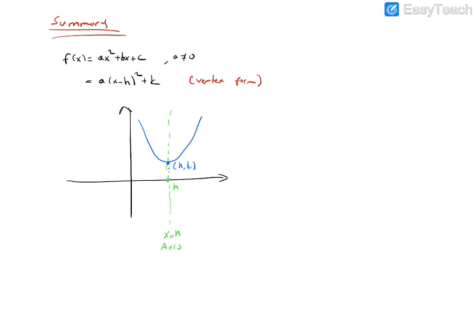This graph is valid for a bigger than 0. If a is less than 0, the graph is downward. When a is bigger than 0, the graph is upward. When a is less than 0, the graph is downward.